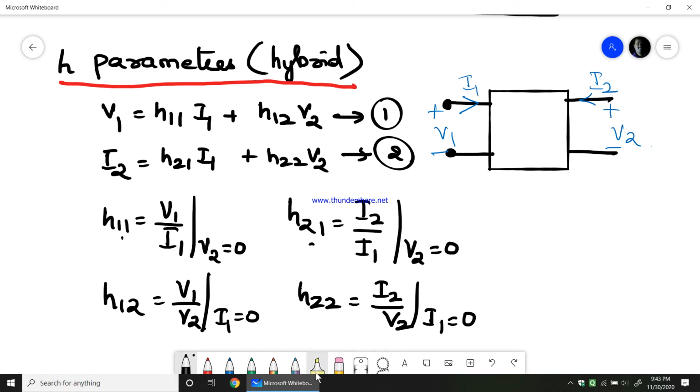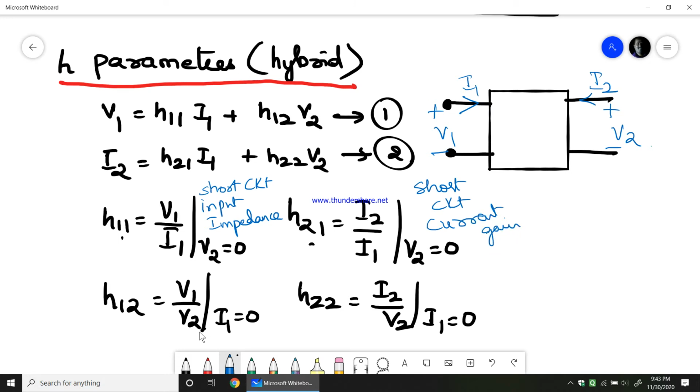Now, what is V1 by I1? V1 by I1 is input impedance. Therefore, this is short circuit input impedance. Why short circuit? You are creating a short across the output because V2 equals 0. I2 by I1 is current gain, the short circuit current gain. V1 by V2 is the voltage ratio, or if you take 1 over H12, you get voltage gain.